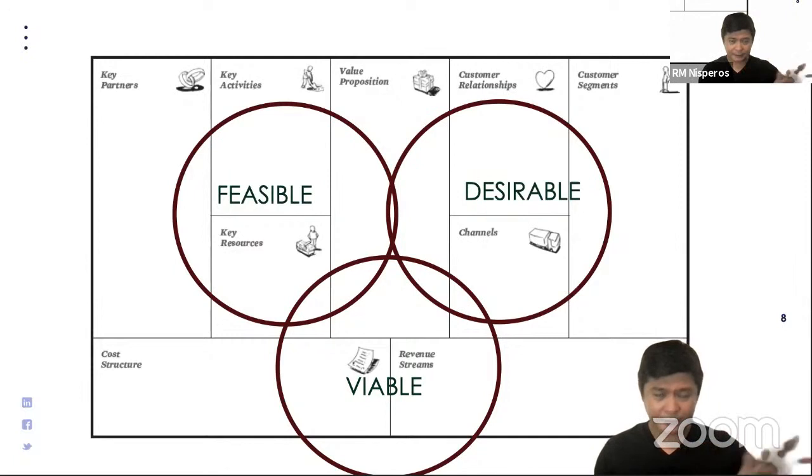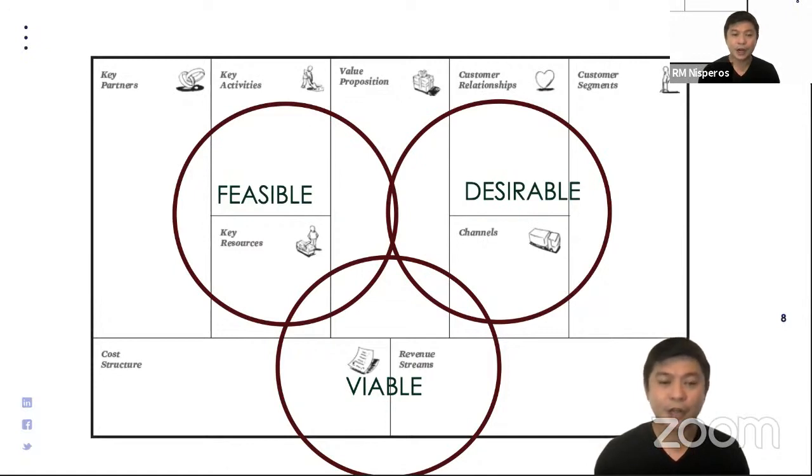On the left side, it's feasibility. So in the value proposition, the tool to deliver the benefit is your product and services. Now, what are the key activities and key resources that you should be good at to offer the best product and services?